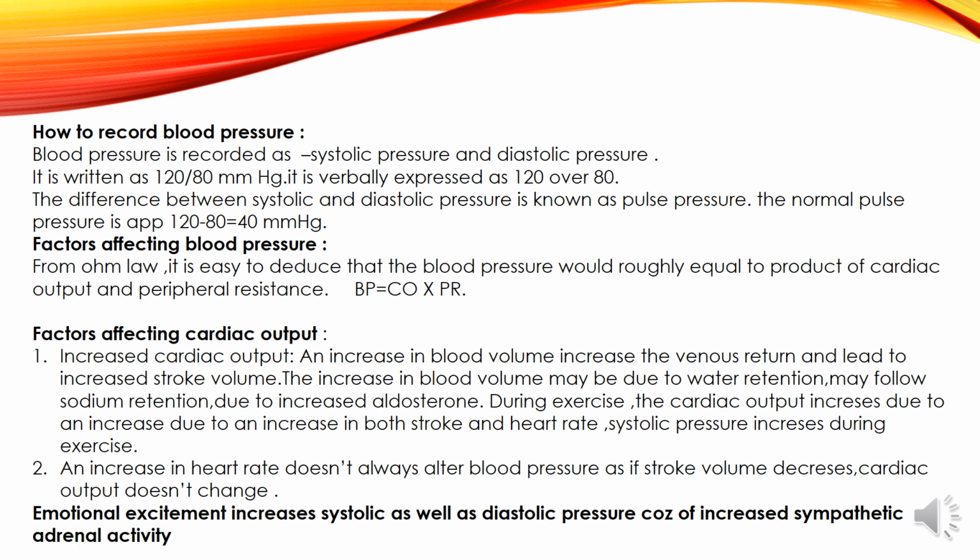Systolic pressure increases during exercise. An increase in heart rate does not always alter the blood pressure, as if stroke volume decreases, the cardiac output doesn't change. Emotional excitement also increases the systolic as well as diastolic pressure, because of increased sympathetic adrenal activity.